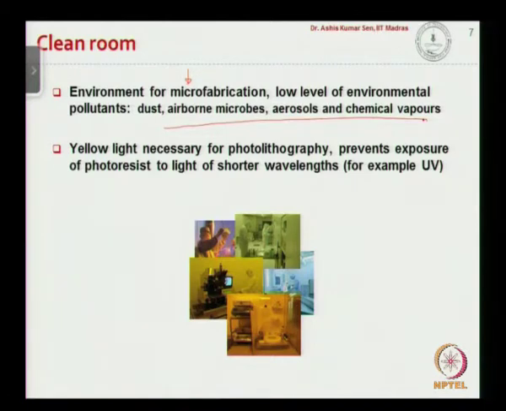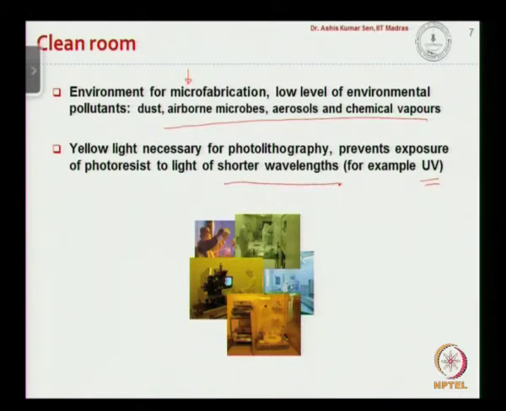Typically in a clean room the lighting looks yellow. This is because we remove the shorter wavelengths, namely the UV light waves, from the electromagnetic spectrum, which makes the light look yellow inside the clean room.